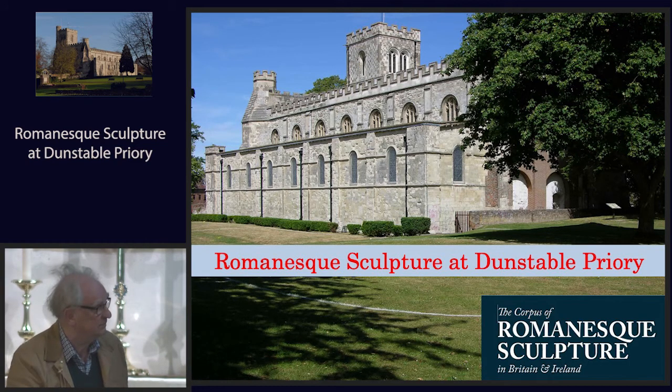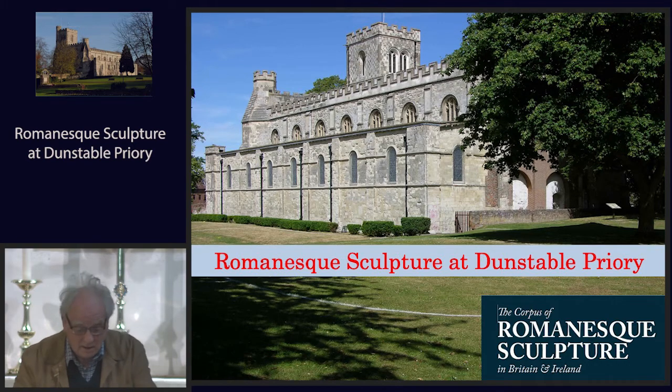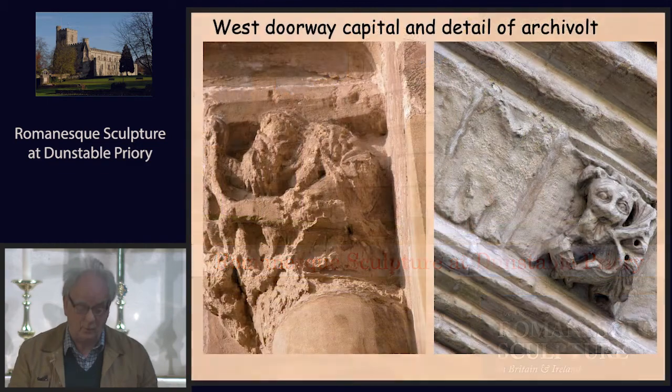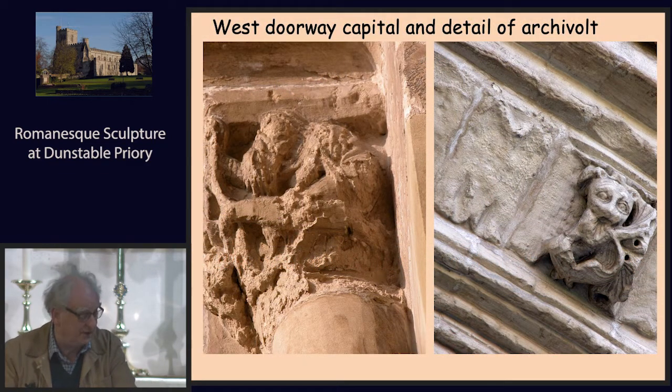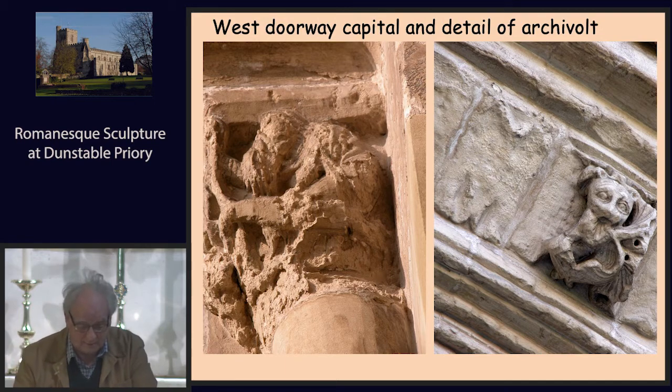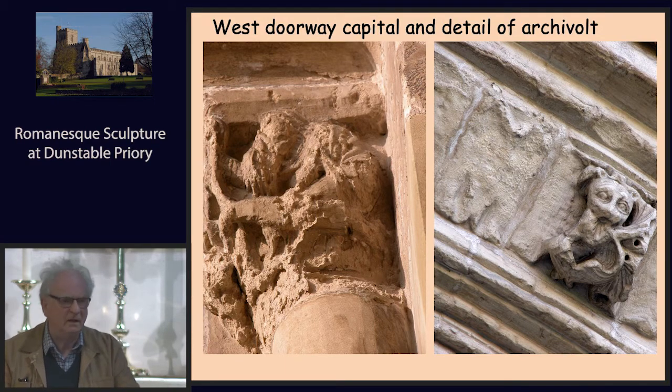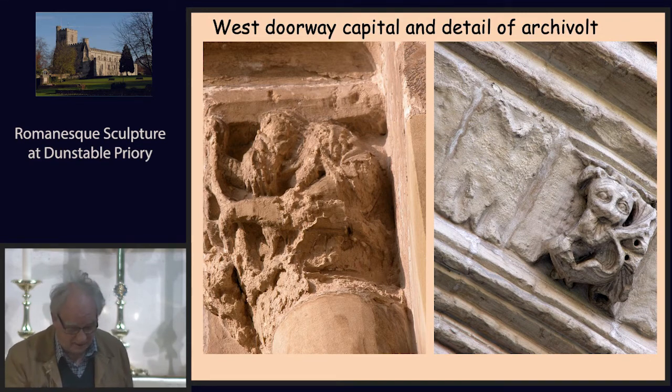It's a shame in a way, because there's much else to look at. Obviously the wonderfully carved but catastrophically weathered Tottenham stone west doorway capitals and archivolts, and sort of turning into a Tottenham day, isn't it?